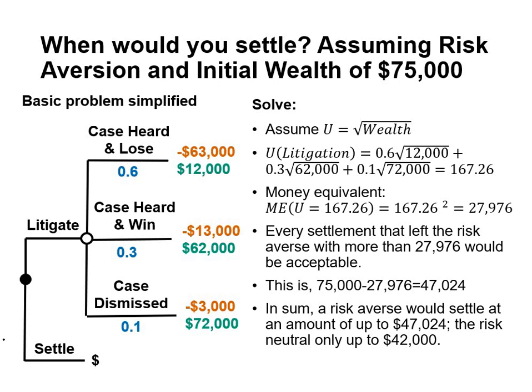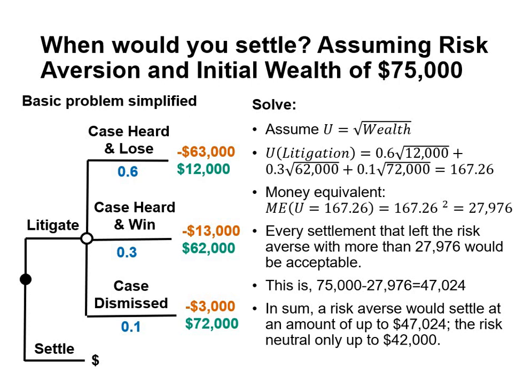Whereas if you remember in the previous example, the risk neutral, when we only looked at payoffs, they would settle at 42,000. So in other words, a risk averse person is willing to settle at a higher cost, because the risk averse person is so afraid of losing a lot and dropping a lot in terms of utility.